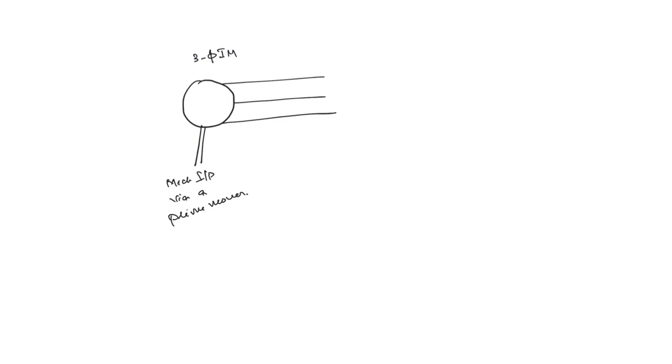Let us say this is the 3-phase induction machine. Now we are giving mechanical input via a prime mover. So now the stator terminals will come out like this. Now we are going to give a capacitor bank here. This capacitor bank will help in delivering the required reactive power.